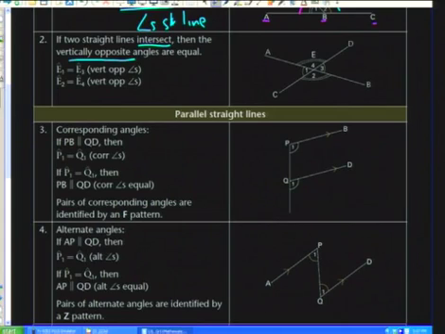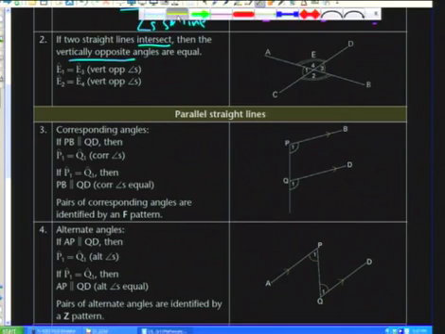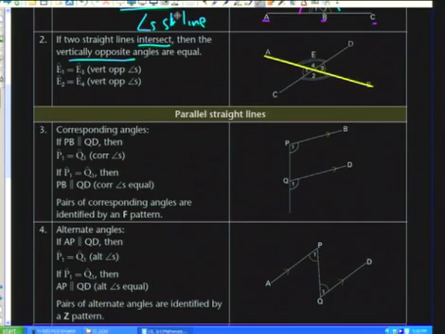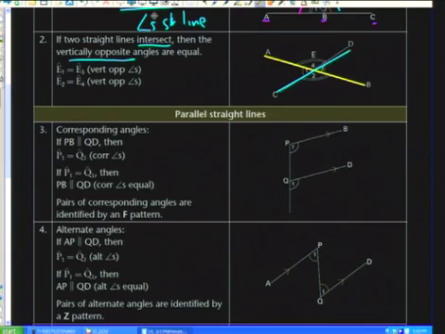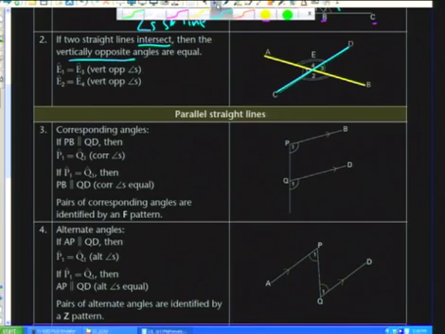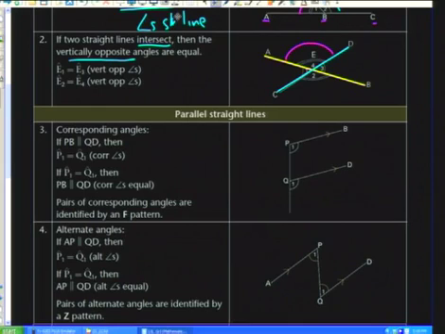So let me illustrate these. So we've got the straight line. I'm just going to highlight the lines for you so that you can see they're standing out. There's the yellow one, AB. And let's do another one, the blue one, CD. And I'm just putting them on top of each other. And what I'm wanting you to see is that this angle here, which is angle E4, is the same size.